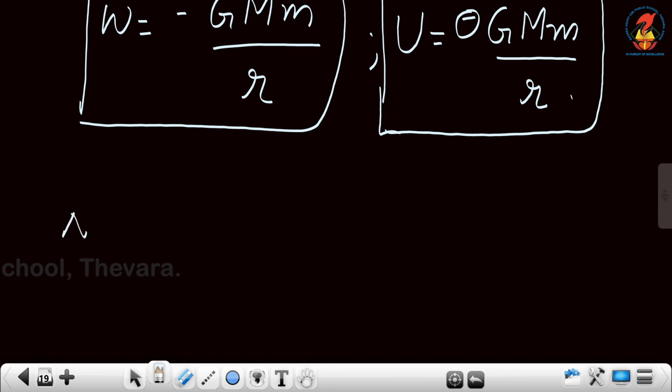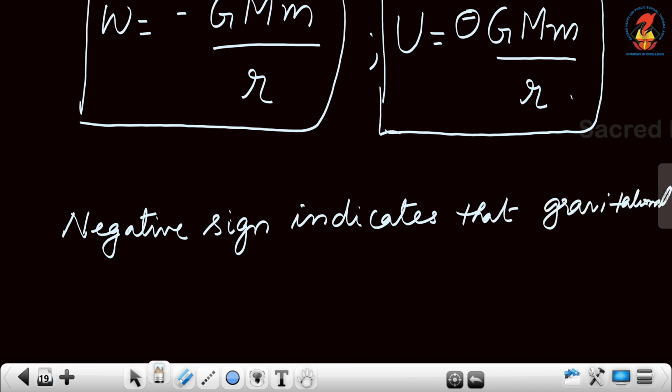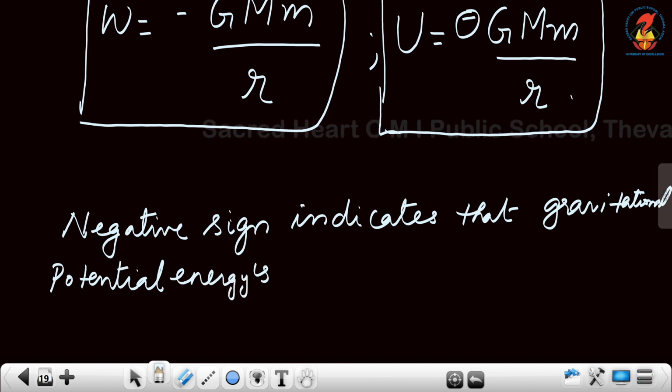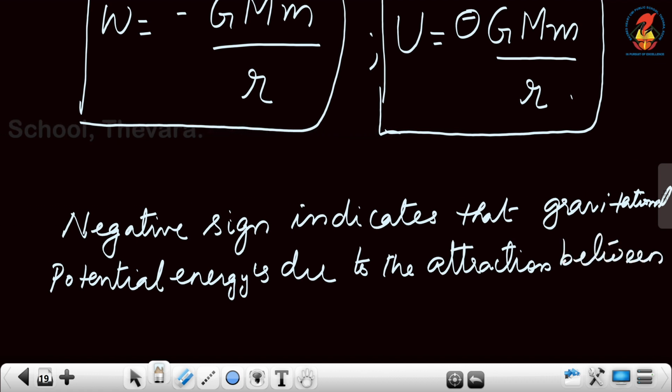And the negative sign indicates that gravitational potential energy is due to the attraction between objects. So we can say gravitational potential energy is attractive.